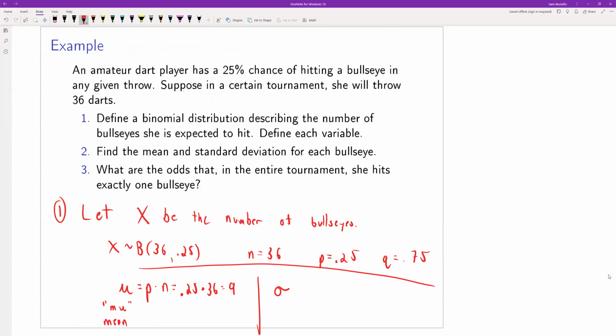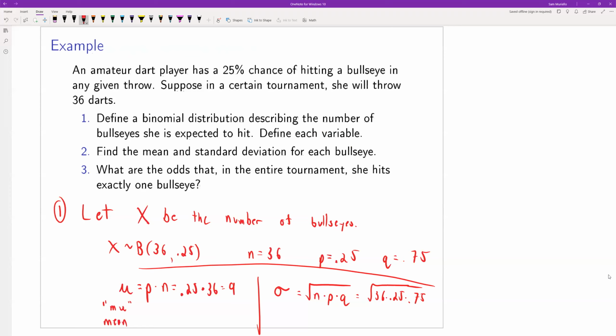For the standard deviation, we'll need to take the square root of n times p times q. So square root 36 times 0.25 times 0.75. For this one, we'll definitely want to use our calculator. So first we'll do 36 times 0.25 times 0.75.